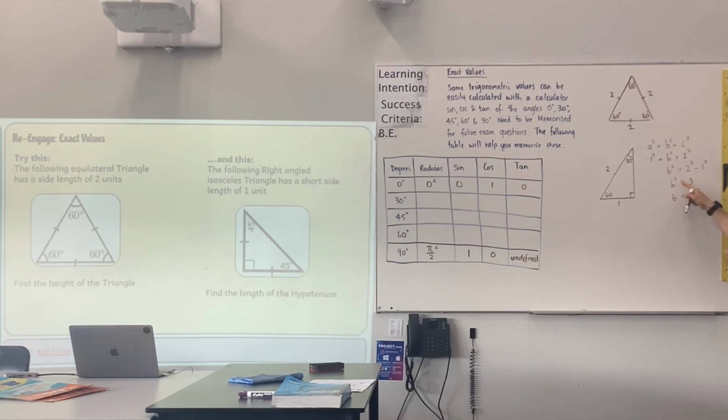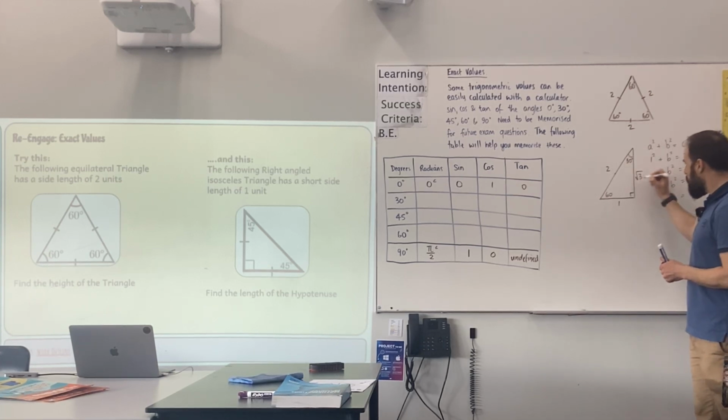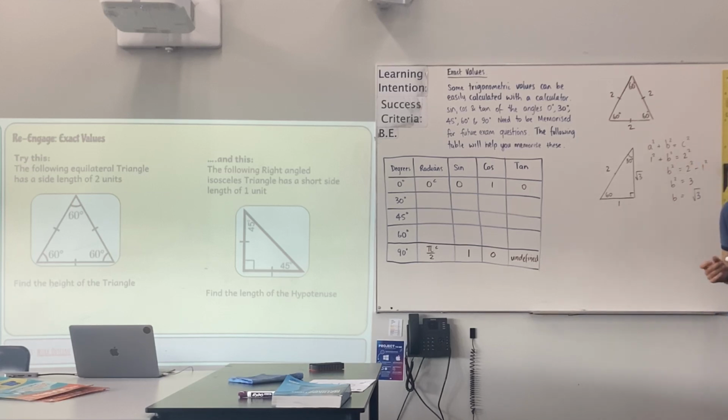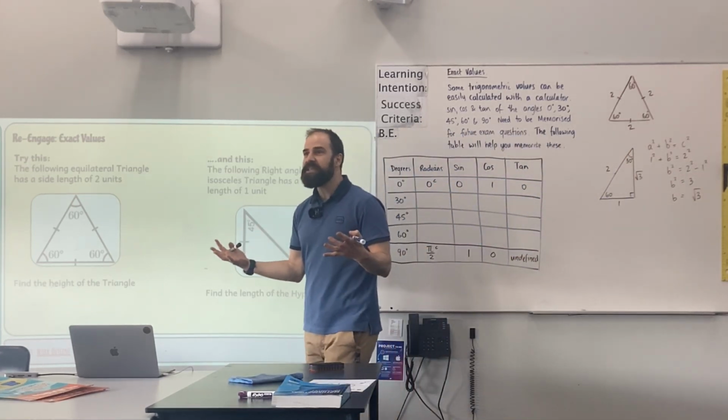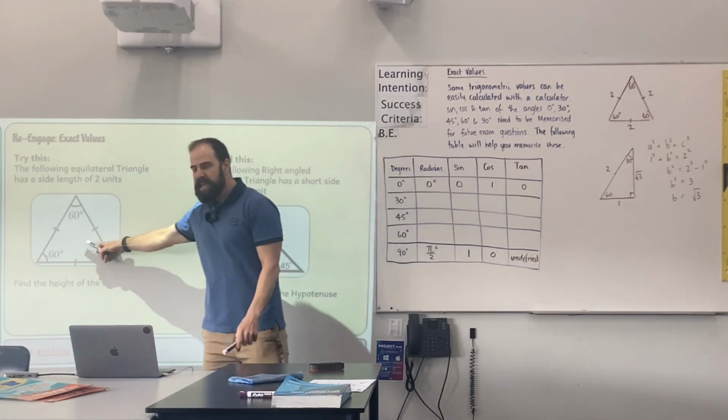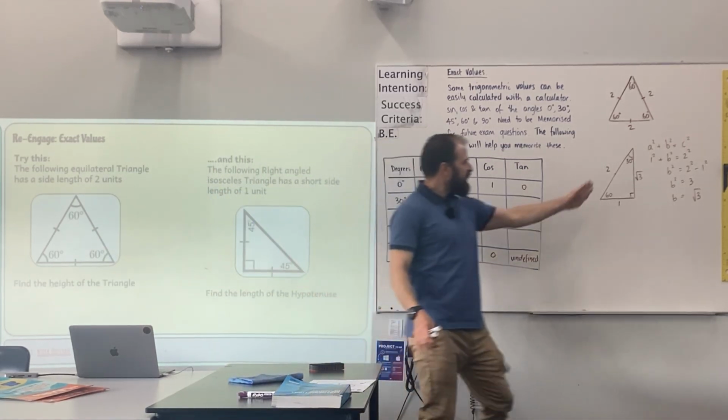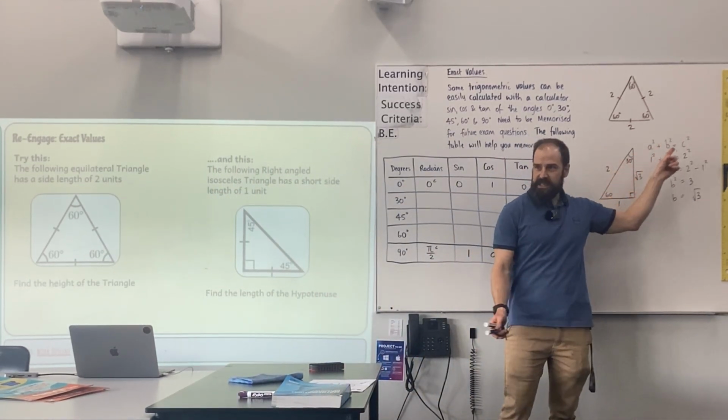But can I have a negative length? No. So it's just going to be positive root 3. That's basic mathematics, isn't it? It's equilateral triangles, splitting it in half, Pythagoras' rule.